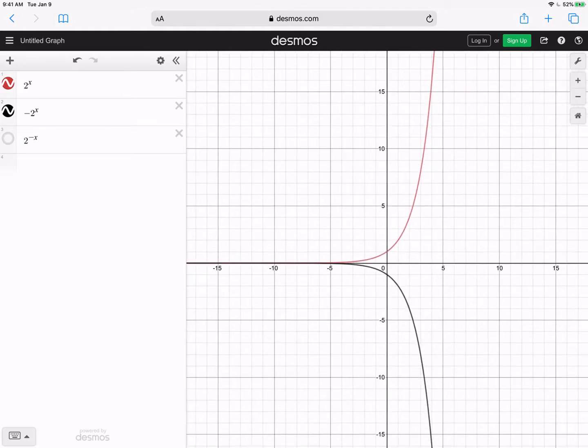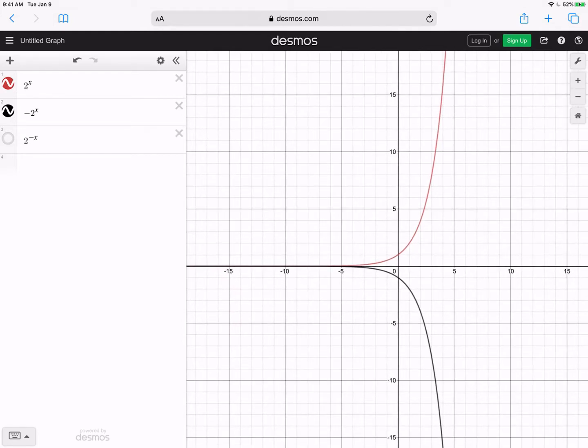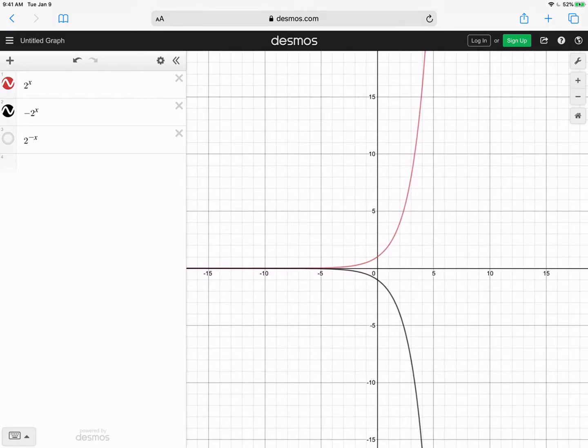So if we take a look here, we can see that the red original function has been reflected over the x-axis to form this dark function going down. Okay, so multiplying the output by -1 has reflected our function about the x-axis.